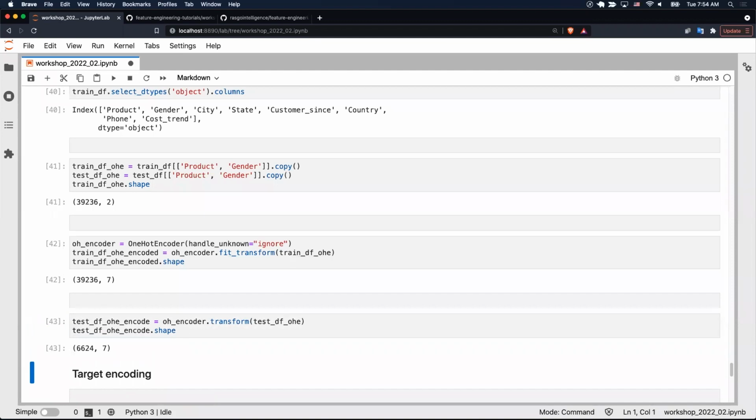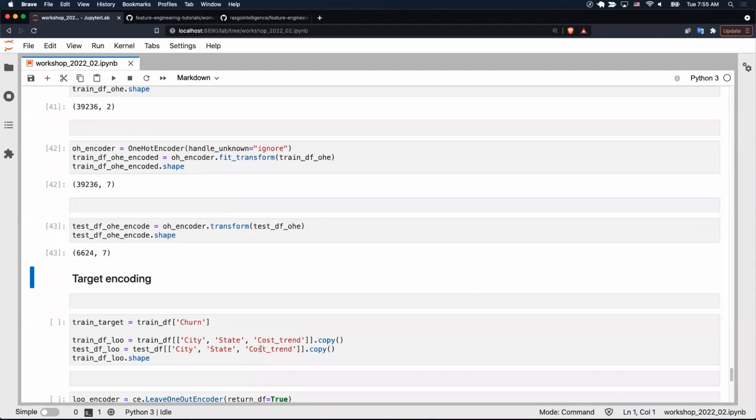Again, not surprising, get the same 7 columns. This is great if I have very few columns or very few levels within my categorical variables, product or gender. There's only a handful. It doesn't explode. I could merge this back into my original data, replace product and gender with these one hot encoded dummy variables, build my model. Okay.